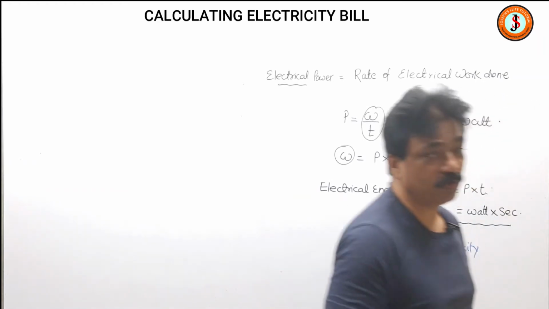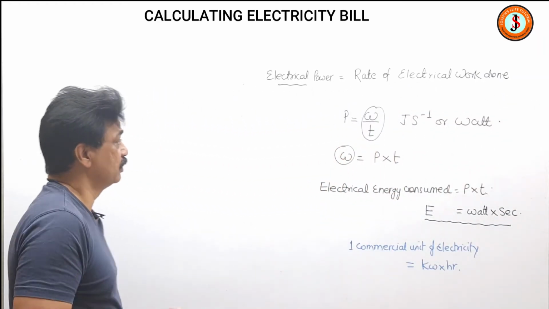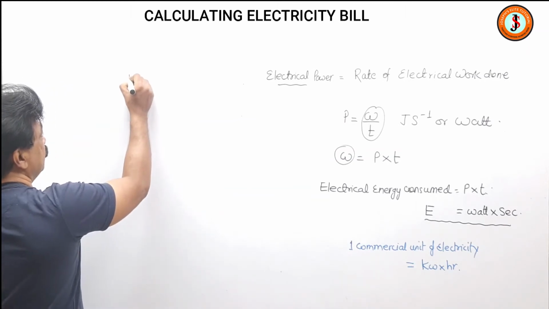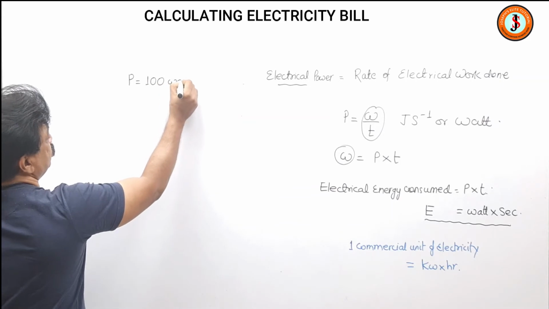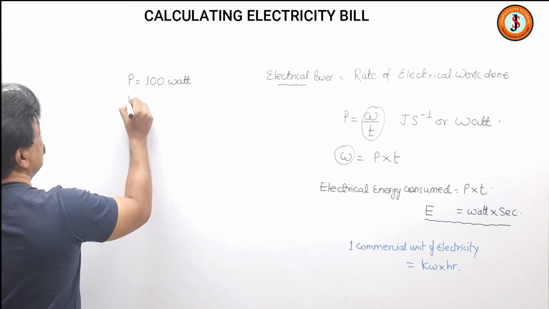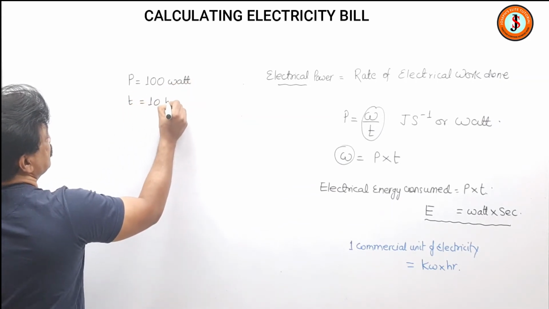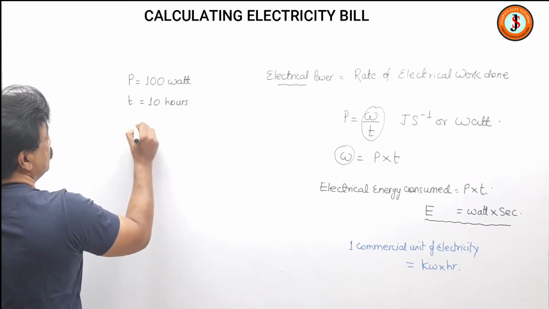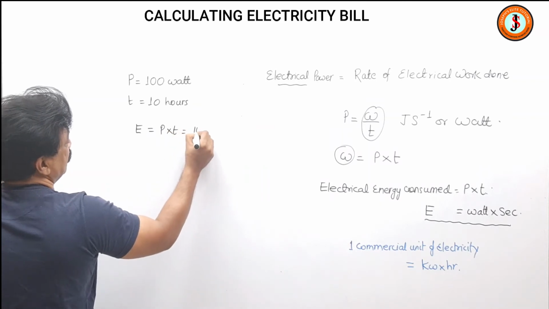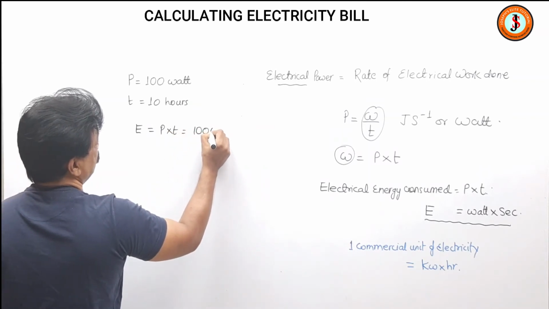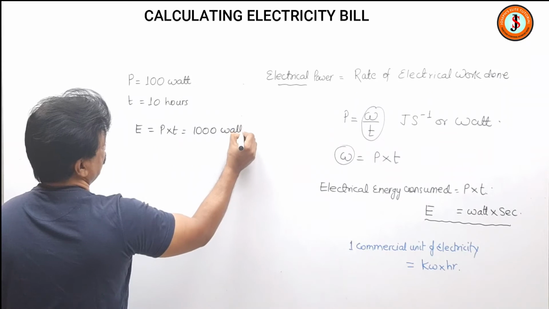Now what do I mean with this? You should try to understand. Suppose I have got an electrical bulb whose power rating is 100 watt and it runs for 10 hours. So how much electrical energy is consumed? That is power into time, that is 100 into 10, so 1000 watt hour.